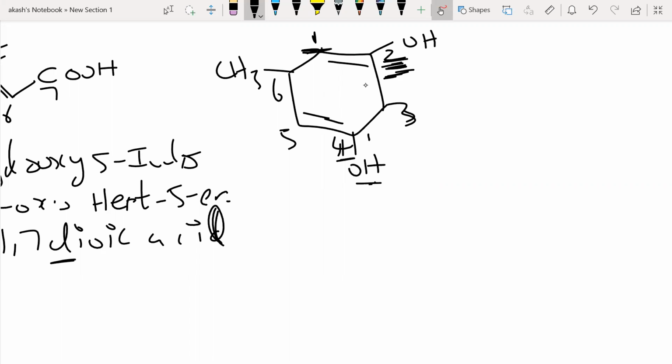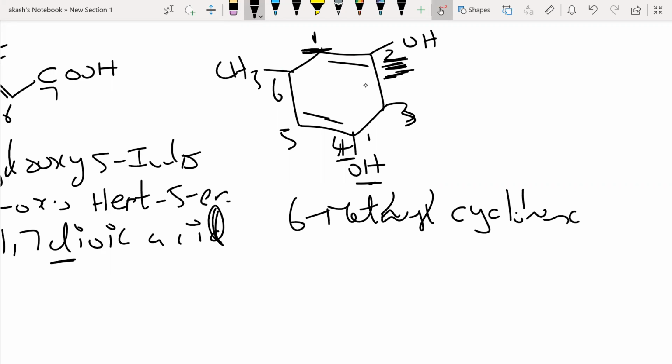Okay, so now the name is simple. You have 6-methyl, then it is going to be cyclo, because it's a ring structure. And there is a 6 carbon membered ring, so it is cyclohex. You have 2 double bonds, in the first position and the 4th position, so cyclohex-1,4-di-ene.